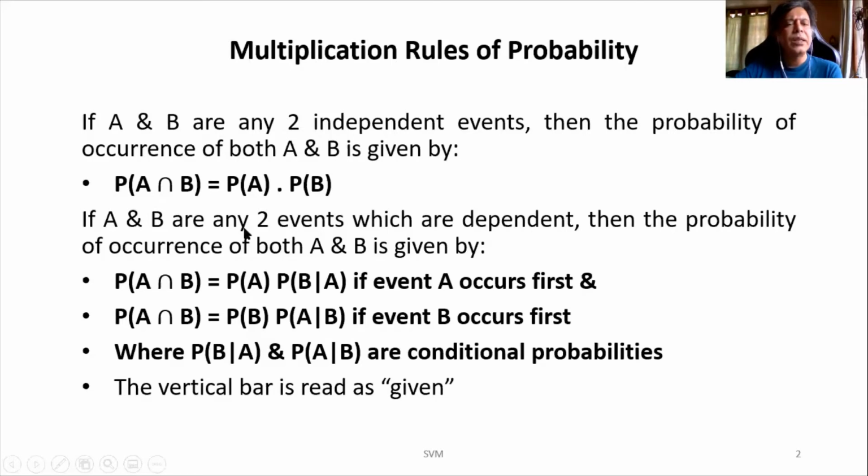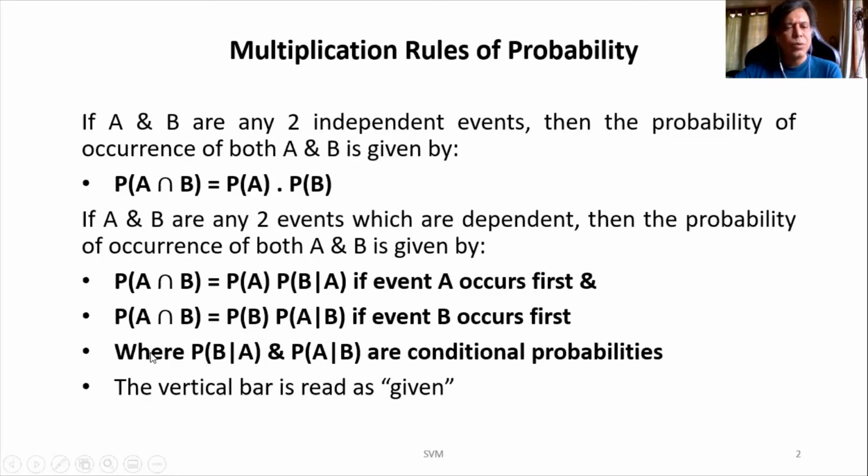But if those events are dependent, then there will be a change in the formula: probability of A intersection B will be probability of A multiplied by P of B given A. You read this vertical line as 'given'. If event A occurs first before B, the formula is as stated. Otherwise, if B comes first, probability of A intersection B is equal to probability of B multiplied by probability of A given that B already occurred. That is the meaning of this.